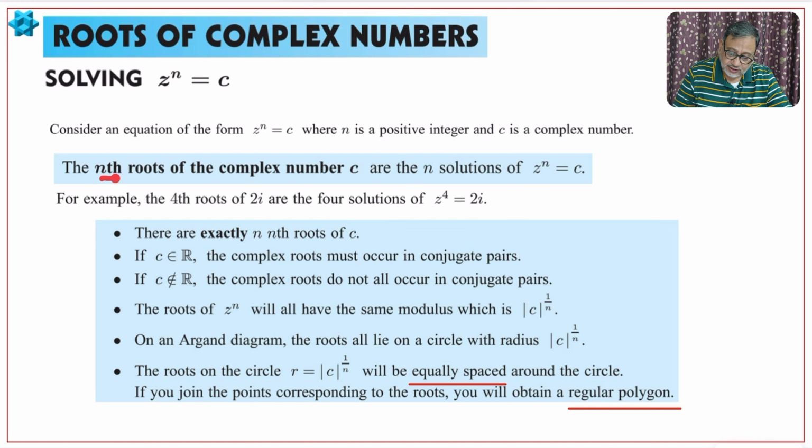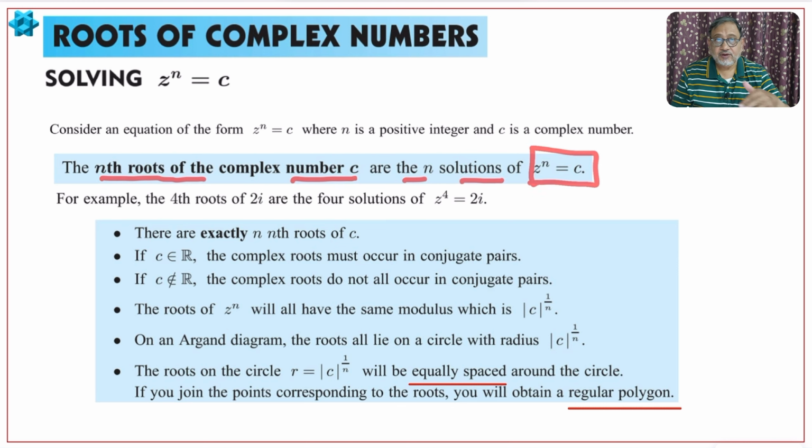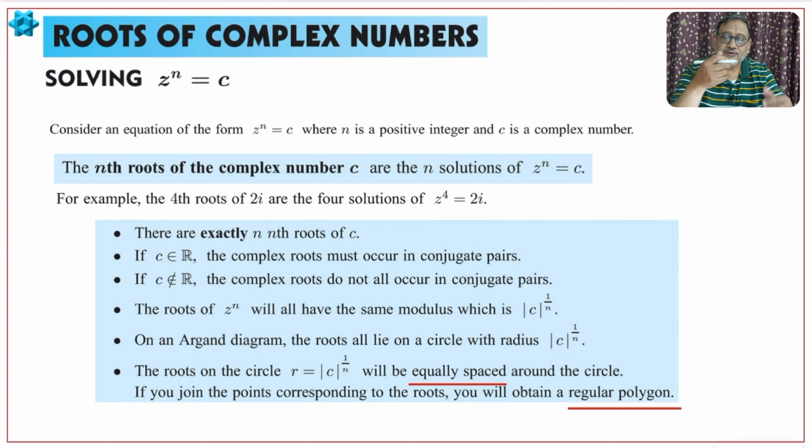Therefore the nth roots of a complex number c are the n solutions of z to the power n is equal to c. There will be n solutions. So the nth root will have n solutions, the third root will have 3 solutions, the fourth root will have 4 solutions, the fifth root will have 5 solutions, and so on, right?